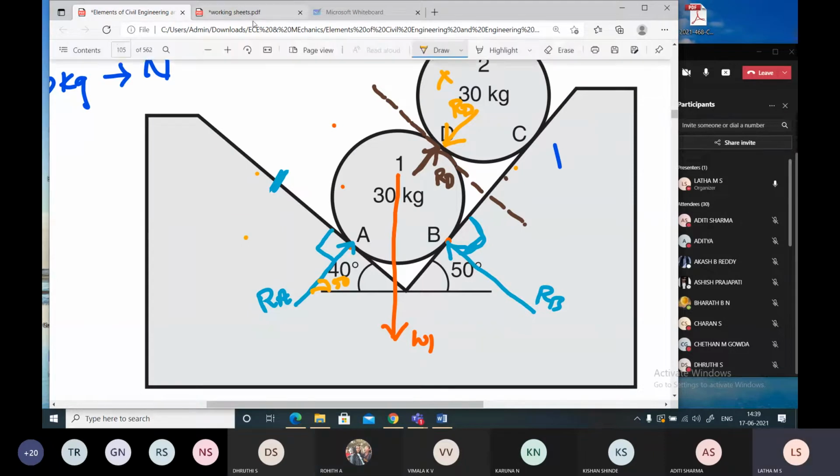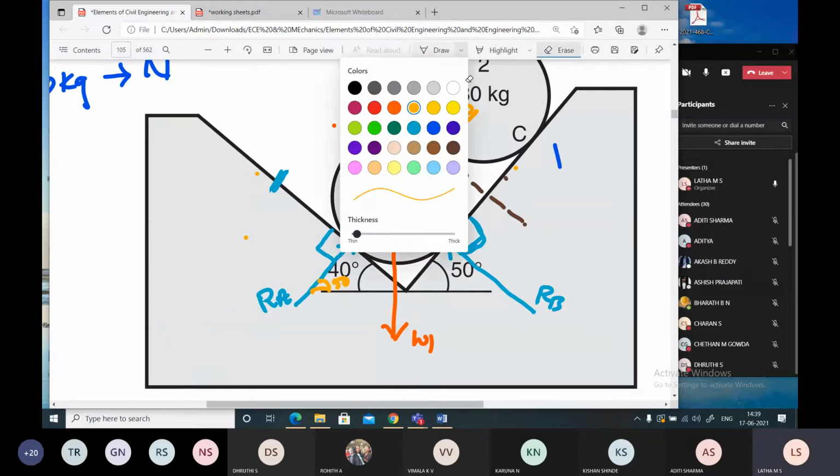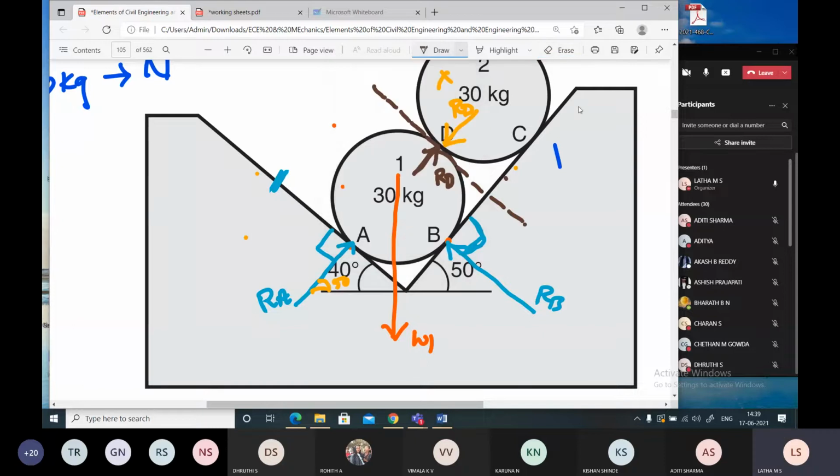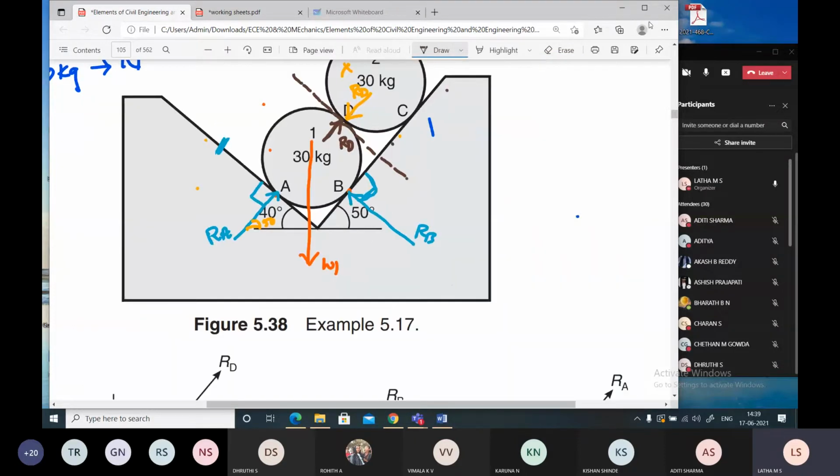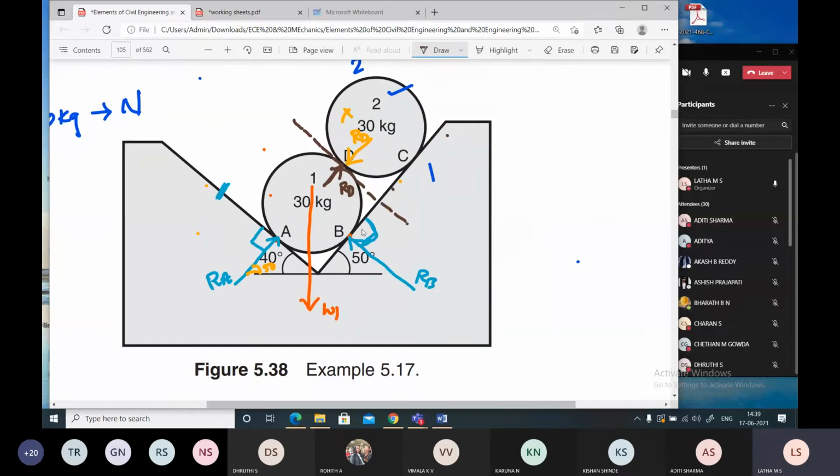Do you agree, others? How is it 50? I'll show you. I'll take one black color, and it's only by the geometry, students.